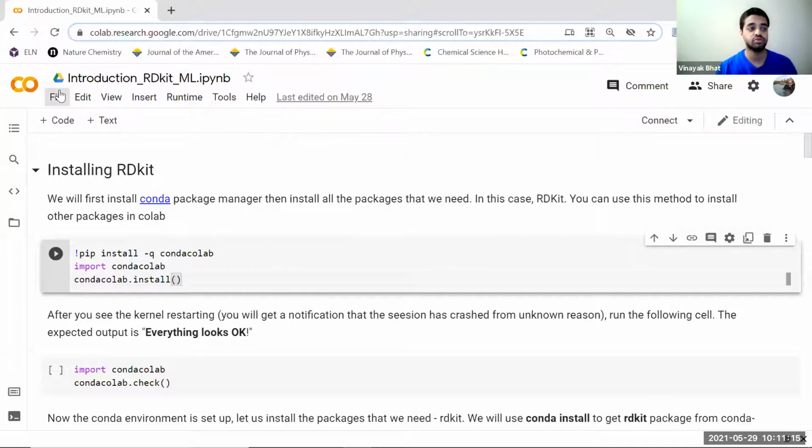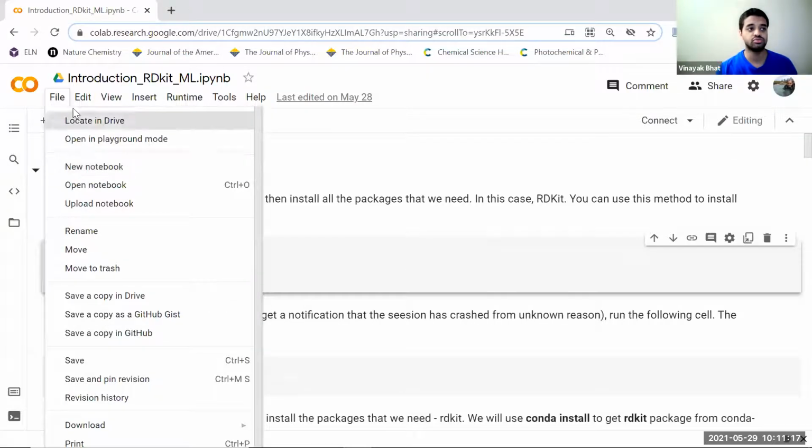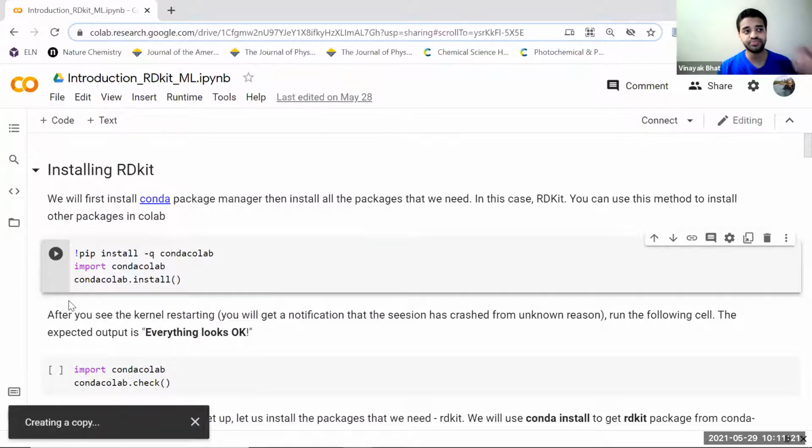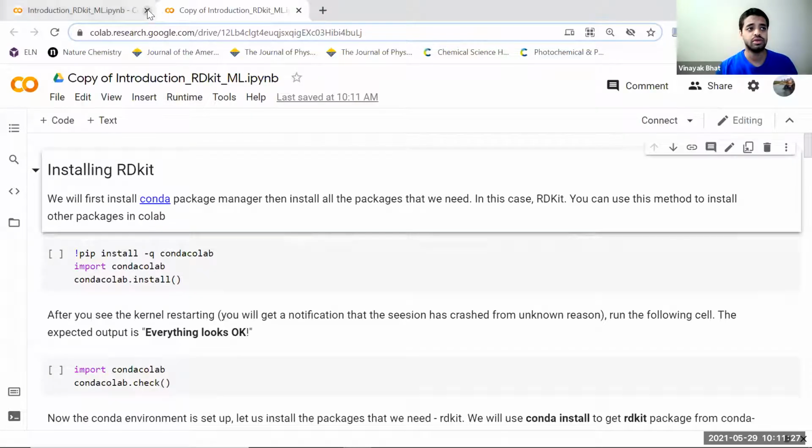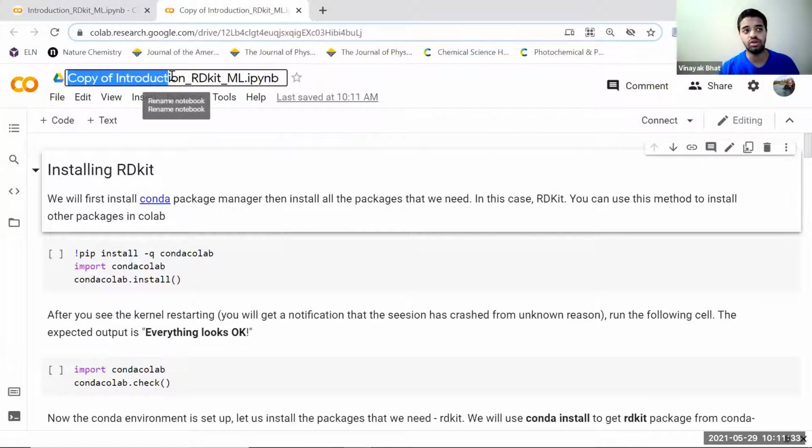So this is how we are going to start. Go to File, Save a Copy in Drive. Once you do that, you'll see a copy being created, and that is what we'll be using. So you should see a copy of Introduction, RDKit and ML.